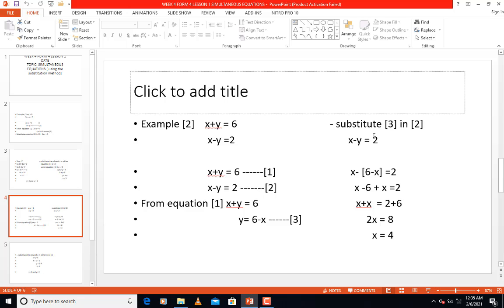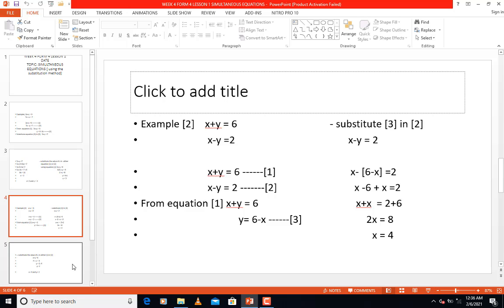Equation 2 is saying x minus y is equals to 2. Now let's substitute. We take 6 minus x and we put where there is y, introducing brackets: x minus (6 minus x) is equals to 2. Group like terms: x plus x is equals to 2 plus 6, 2x is equals to 8. Therefore, x is equals to 4.